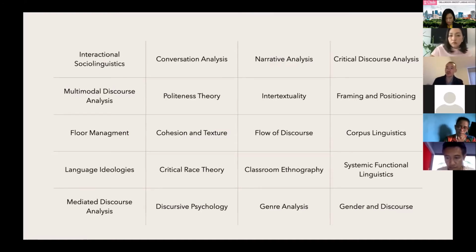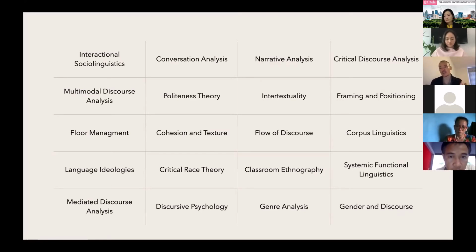But the point in showing you these different methodologies, these different approaches to discourse, is to demonstrate that there's a lot of ways of understanding classroom discourse, and it doesn't really help us to focus on just one of them. Traditionally in our area of study, we have just picked one and neglected everything else.